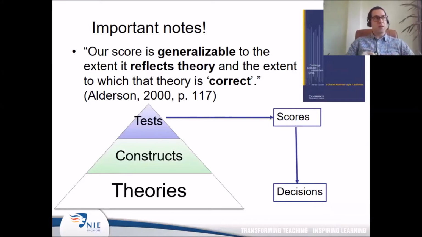This fact might not be very explicit when it comes to the diagnostic assessment of language skills, because they're usually formative, and you try to provide some kind of information to the test taker about the abilities and about what they can and cannot do. In other contexts, like proficiency testing, decision making becomes a lot more significant and prominent. That was the point that I wanted to stress here.